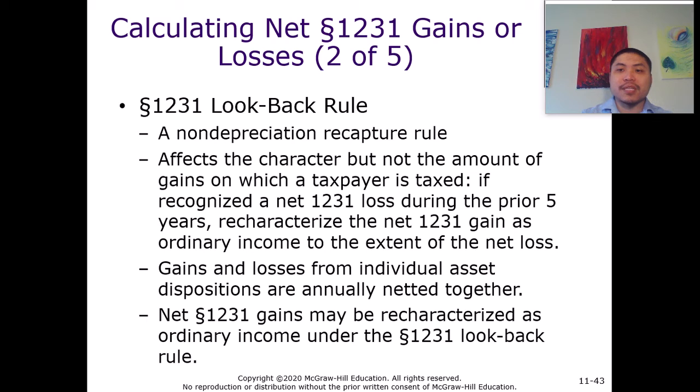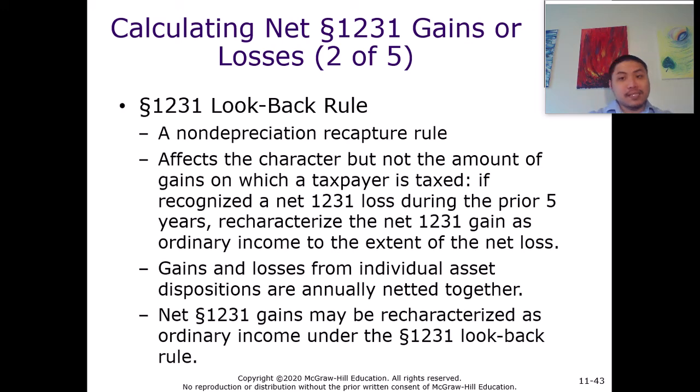So that means if in 2019 the taxpayer has a net 1231 gain, and in the prior 5 years they have a net 1231 loss, then they have to recharacterize the Section 1231 gain in 2019 as ordinary income to the extent of the net 1231 loss in the prior 5 years, right?